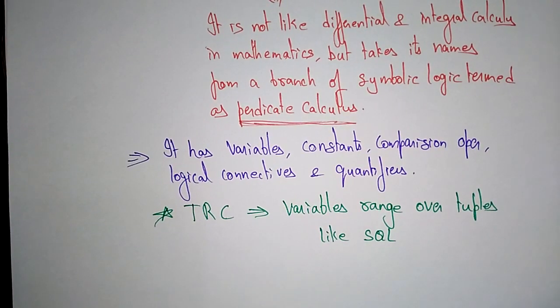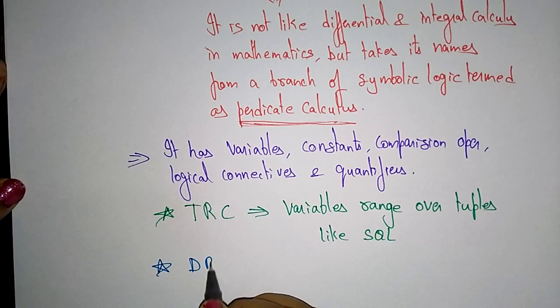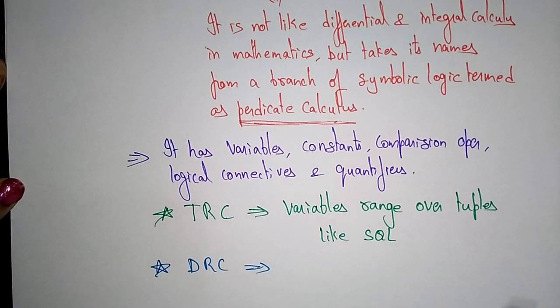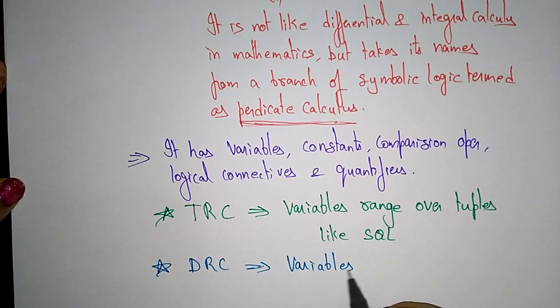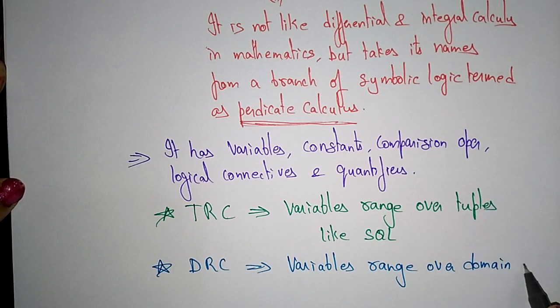The next one is DRC, domain relational calculus. D is for domain. Domain means only the value present in the table, just a cell. Variables range over domain elements, so you can call it a field.